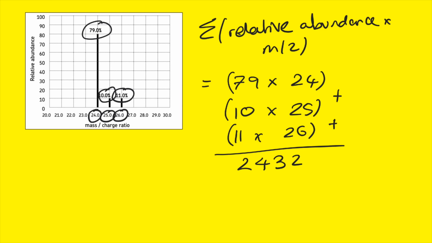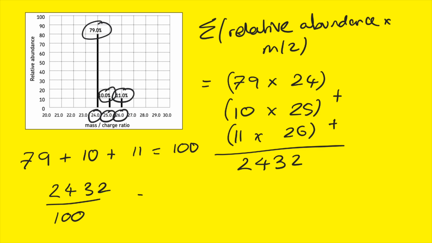We then need to divide this number by the sum of the relative abundances. So the relative abundance is 79.0 plus 10.0 plus 11, which equals 100. So we need to do 2432 divided by 100, which is equal to 24.32. Our relative atomic mass, we need to think about how many significant figures or decimal places to give it to.